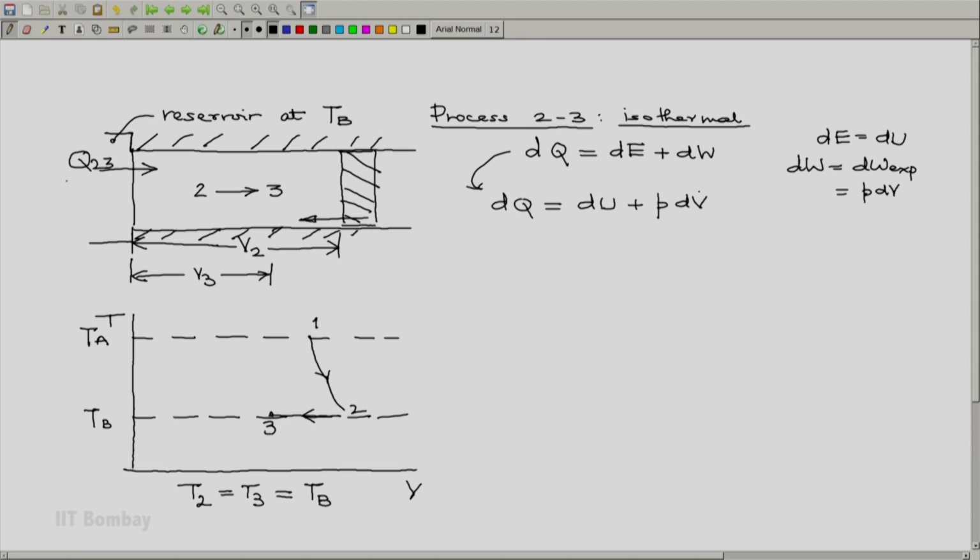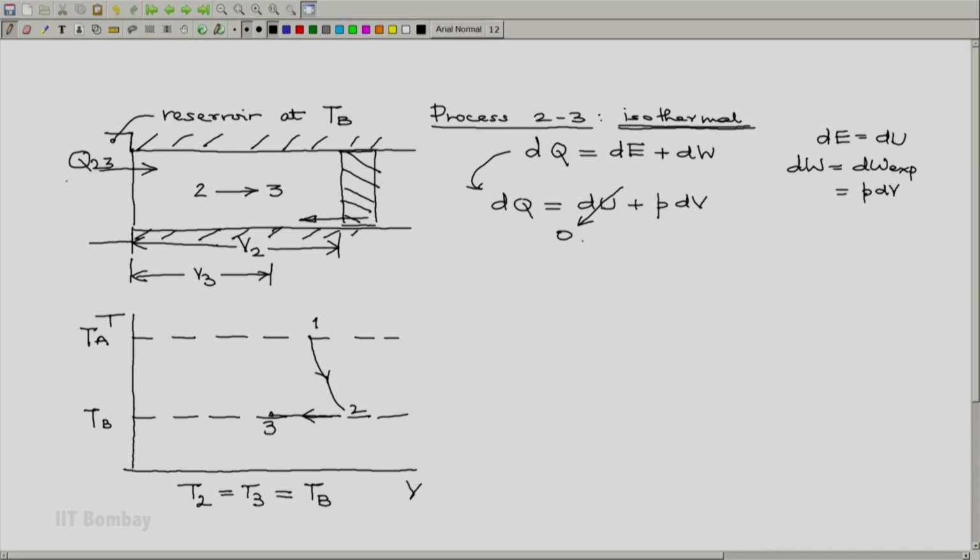Now we notice that our process is isothermal. Because it is isothermal, dT is 0, there is no change in temperature. And then we use Joule's law, which says that the thermal energy of a gas U depends only on the temperature. Since temperature does not change, dU is 0, and hence our dQ becomes PdV. And let us get everything in terms of V. We will use the equation of state, which is PV equals mRT.